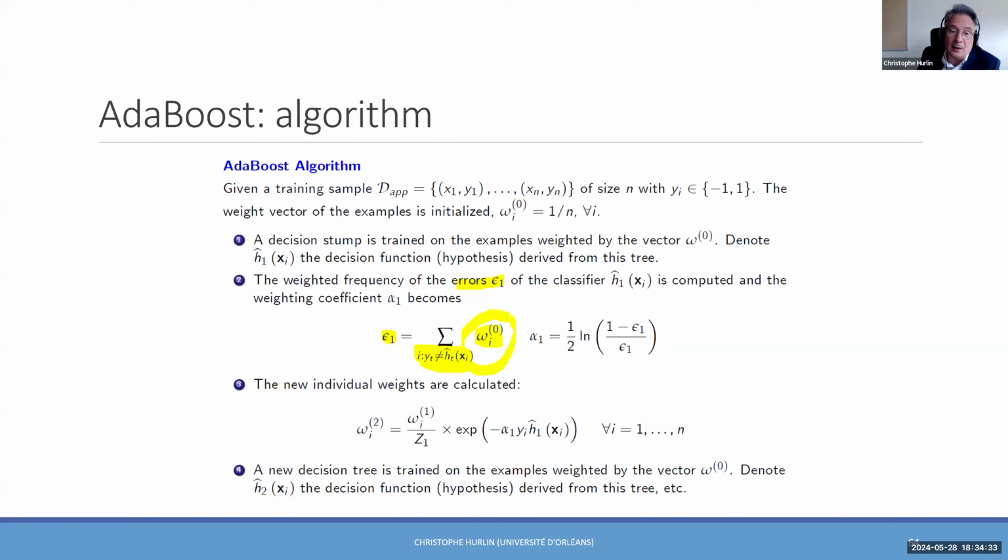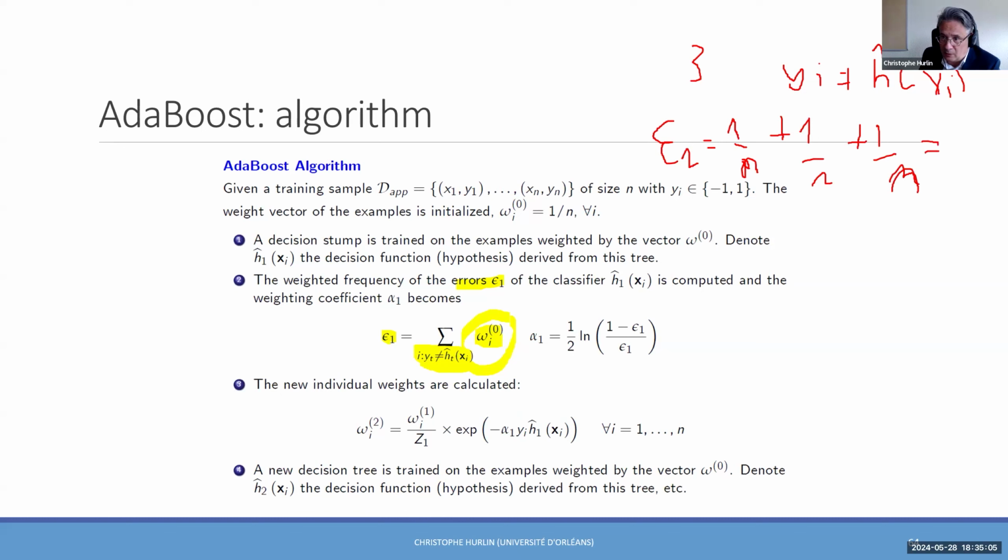At the beginning, if there are 3 individuals for which y is different from the prediction of the model, their weight is 1 divided by n. So what is epsilon 1? Epsilon 1 is the sum of their weights: 1 divided by n plus 1 divided by n plus 1 divided by n. So this is equal to 3 divided by n. Is it clear? This is the sum of the weights for the individuals for which there is an error.